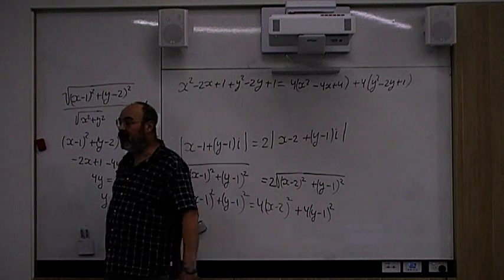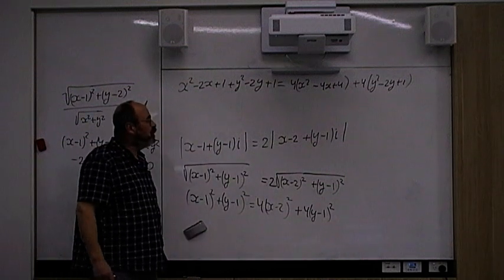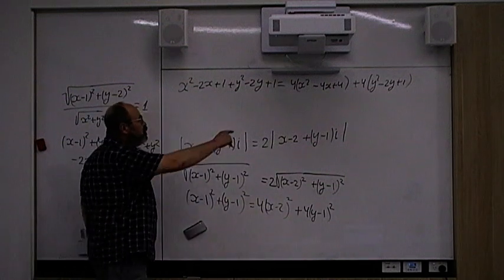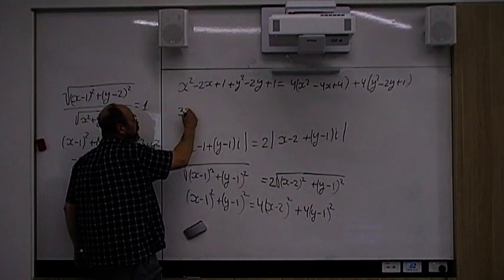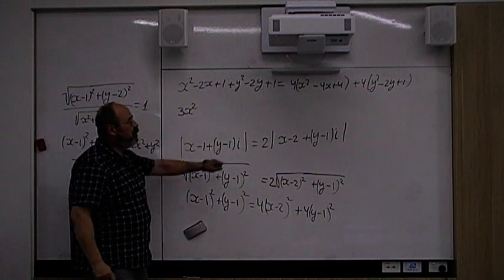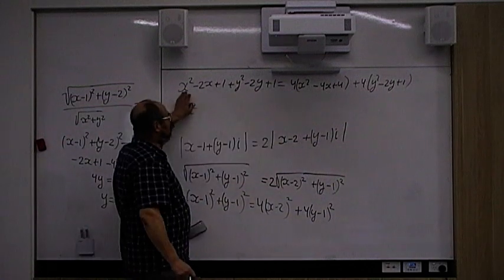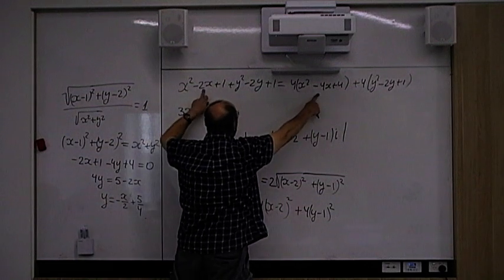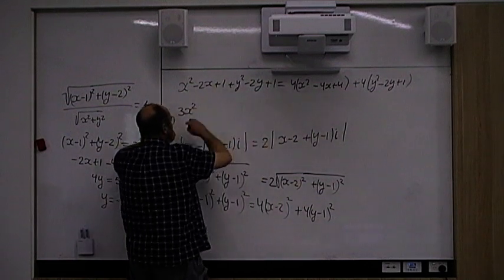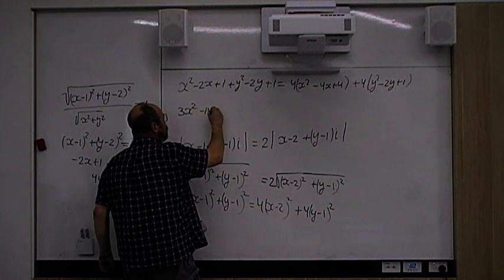Now we need to collect everything to one side. Collecting on the right hand side, we will get 3x squared, 4x squared minus x squared. We will have minus 16x plus 2x, so minus 14x.